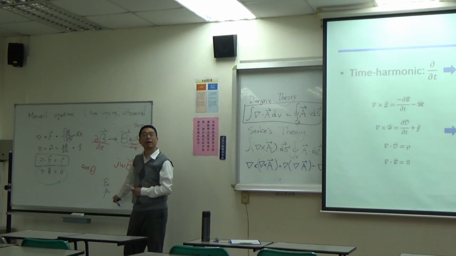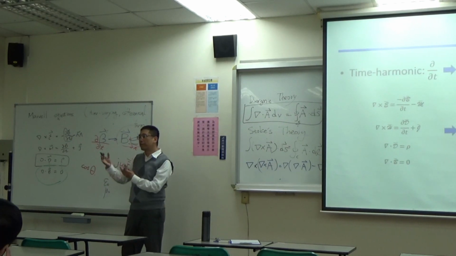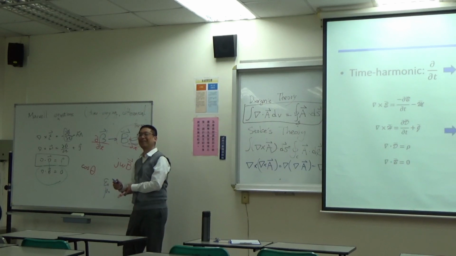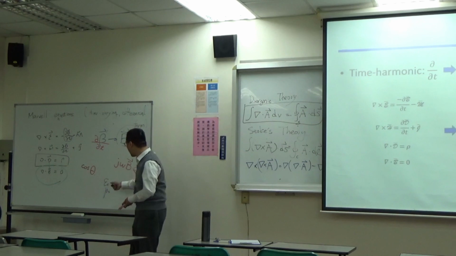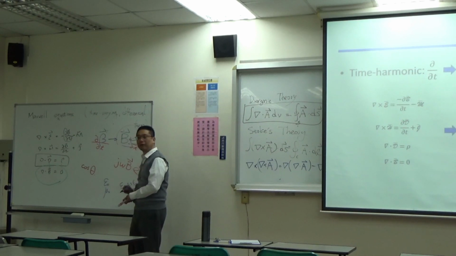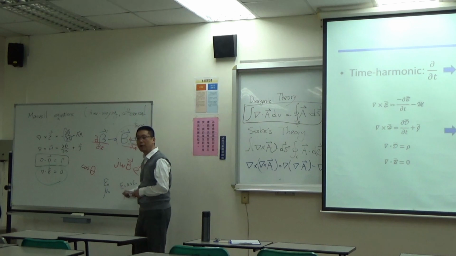And if you have your field inside, maybe think about an FR4 board, your epsilon equals 4.2 multiplied by epsilon 0, and your mu is also mu 0. Different material, you use different parameters.